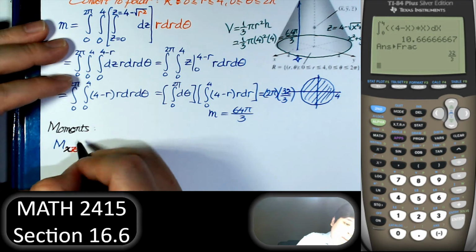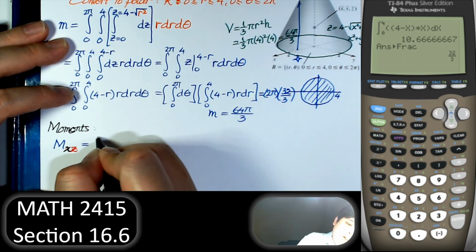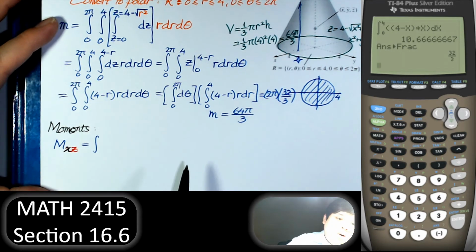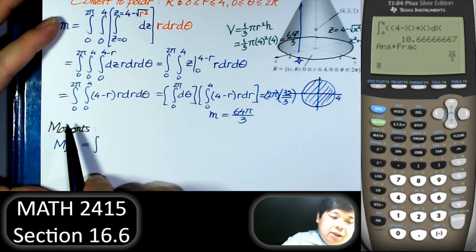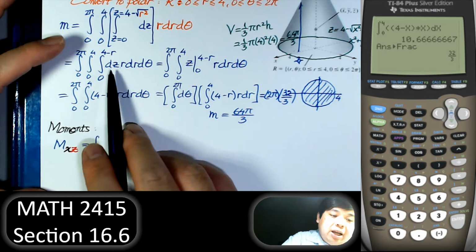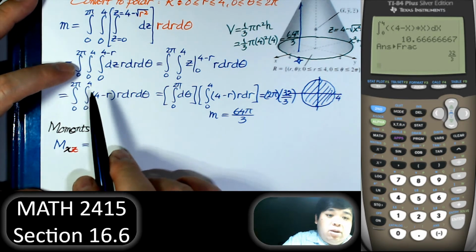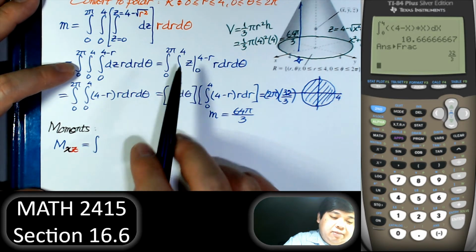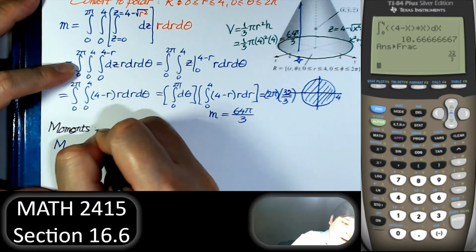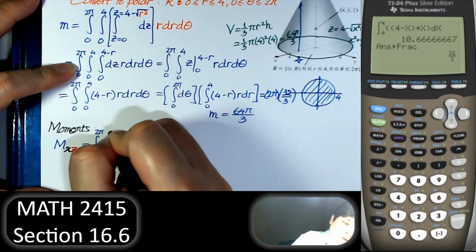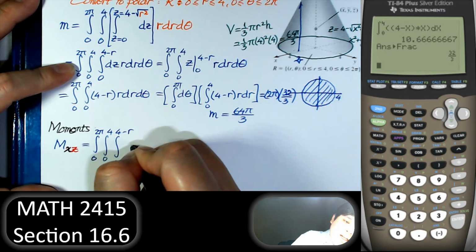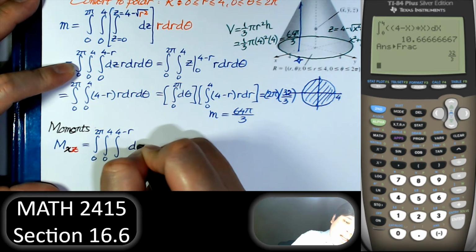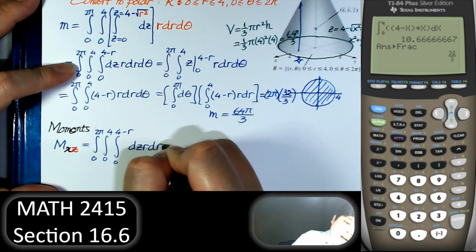So the moment about the xz plane will be this integral. Which one should we choose? We will have to choose this one because this one we integrated already. So 0 to 2 pi, 0 to 4, 0 to 4 minus r, dz, r, dr, d theta.